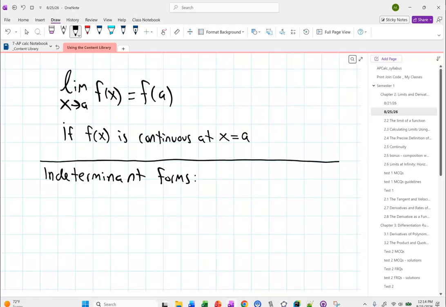So there are 6 indeterminate forms. 0 over 0. Infinity minus infinity.